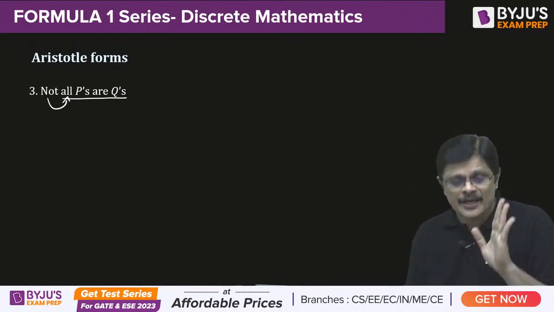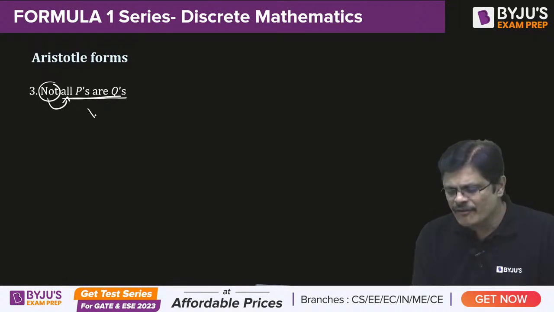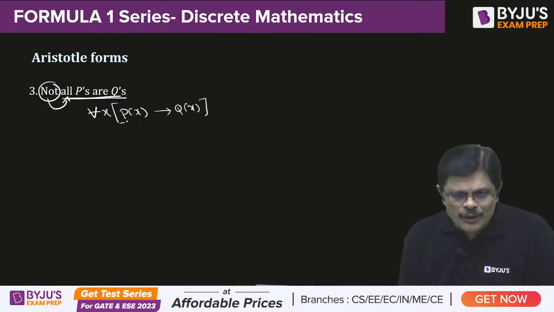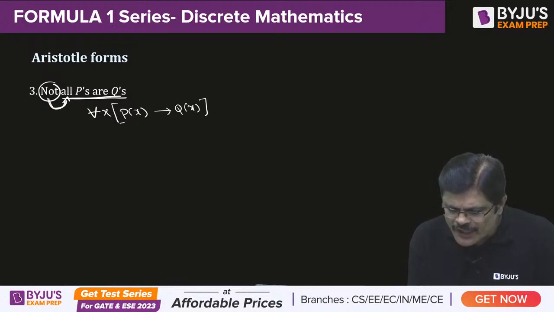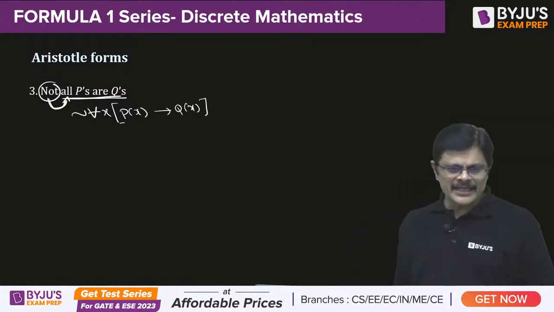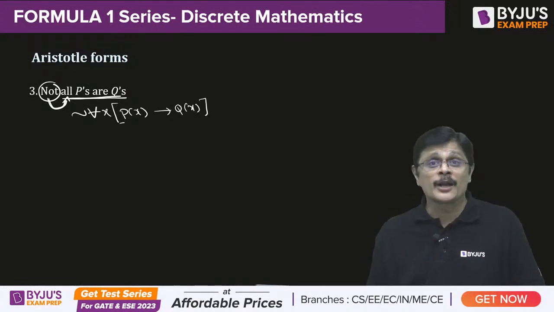So first keep it on hold. Write this: for all x, Px implies Qx. Then say sorry, not means sorry. You are negating the quantifier, not the predicate.